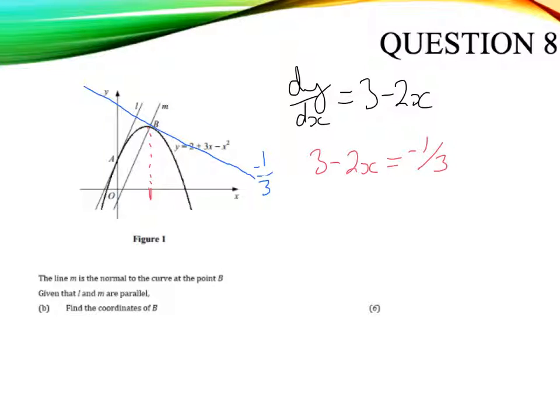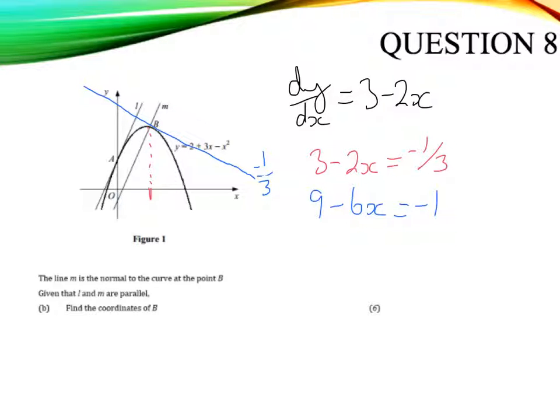Okay, let's think about how we're going to do this then. I don't like having a minus 2x particularly. I don't like particularly having this minus a third either. Let's multiply everything by 3 first. That might tidy things up a little bit. So then I've got 9 minus 6x equals minus 1.